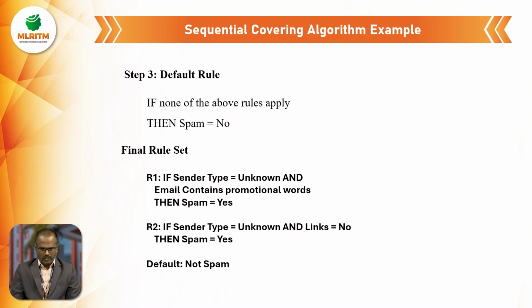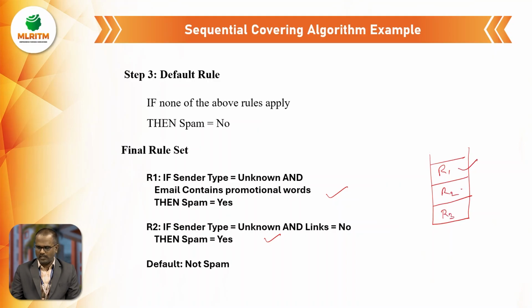Okay, so the final rule set. Rule 1 is if sender type is unknown and the email contains promotional words, then it is spam mail. Rule 2: if sender type is unknown and links is also known, then spam is yes. Default is not spam. So after the completion of this sequential covering algorithm, we found 3 rules, that is R1, R2, R3.